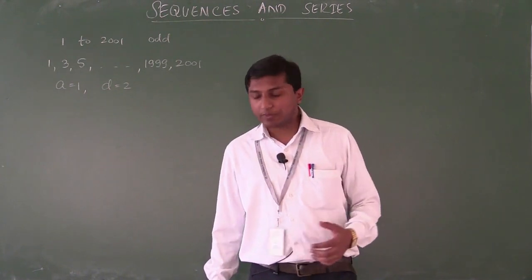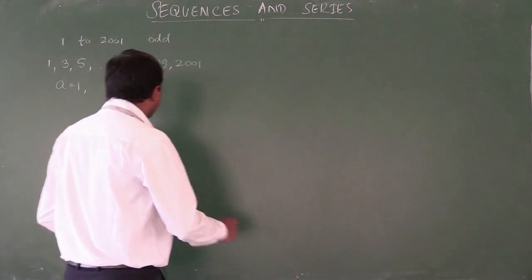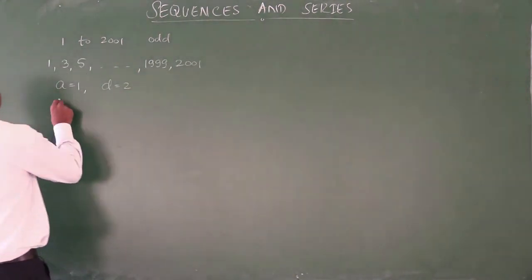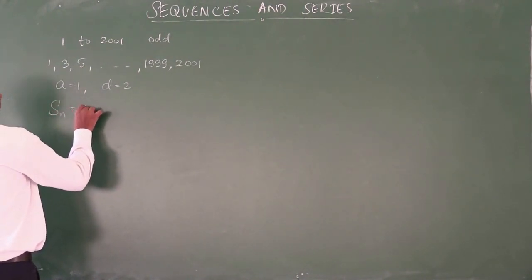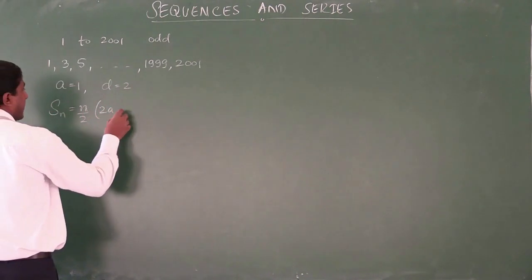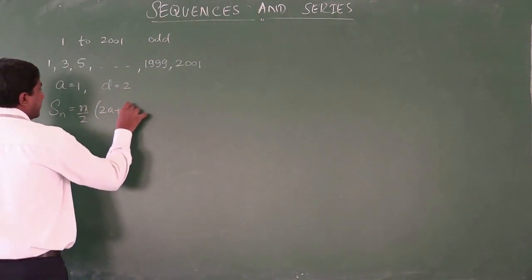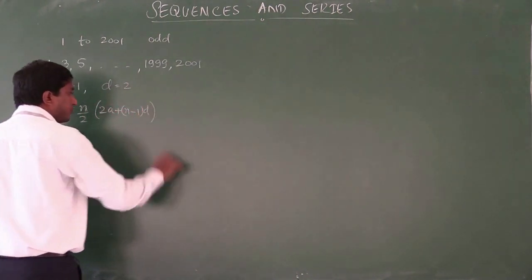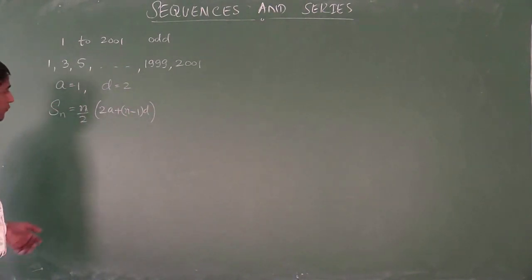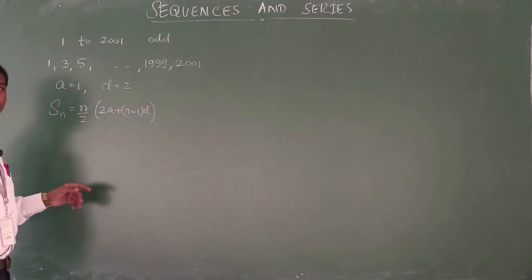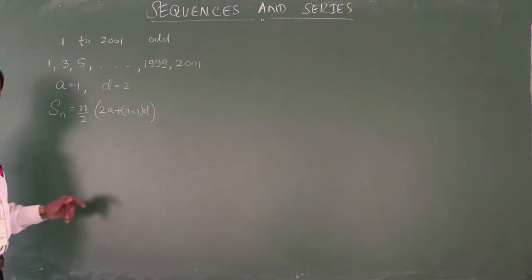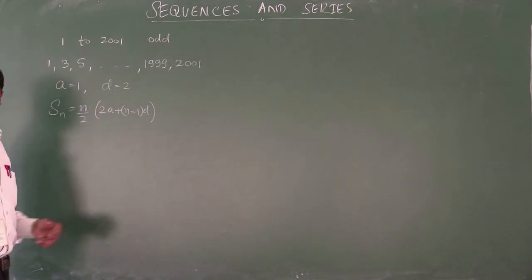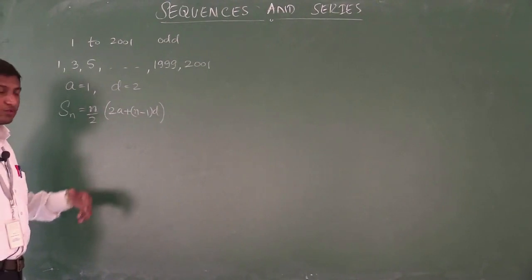The formula is Sn equals n by 2 into 2a plus n minus 1 into d.